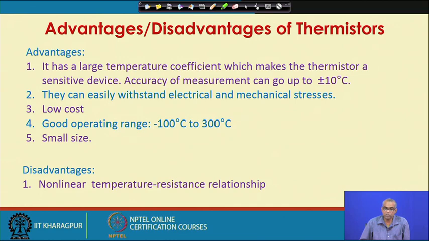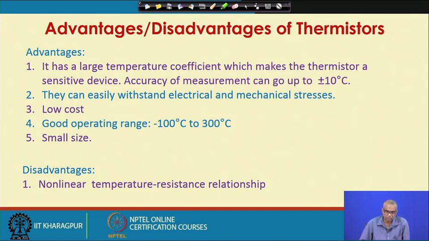They can easily withstand electrical and mechanical stresses, low cost, good operating range minus 100 to 300 degree Celsius, of course not as large as thermocouples or even RTD has much higher range. Another advantage of thermistors is they can have small size. Small size further adds to improve sensitivity.